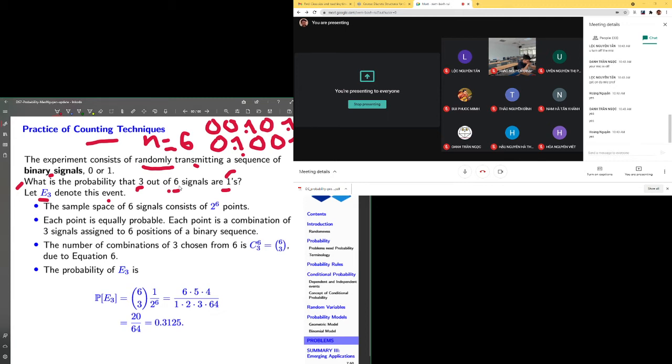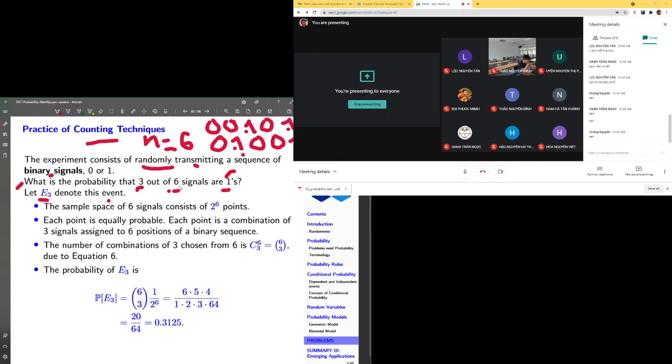So the first row here tells you the sample space, because actually you want to compute by elementary theory. The probability actually is the ratio of the cardinality of the event divided by the cardinality of the sample space.